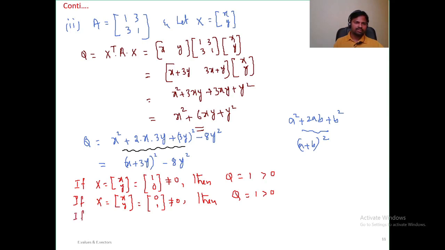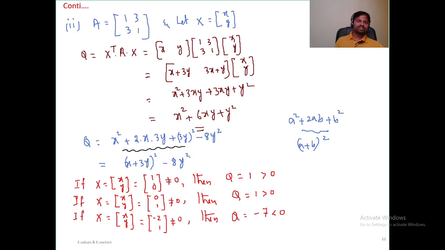These are all just investigations; you have to verify like this, and the only thing is we have to find the sign. If I take minus 2 and 1, which is again non-zero, what is the Q value? x is minus 2 and y is 1. Minus 2 plus 3 is 1, squared is 1, 1 minus 8, so minus 7. So this is less than 0.